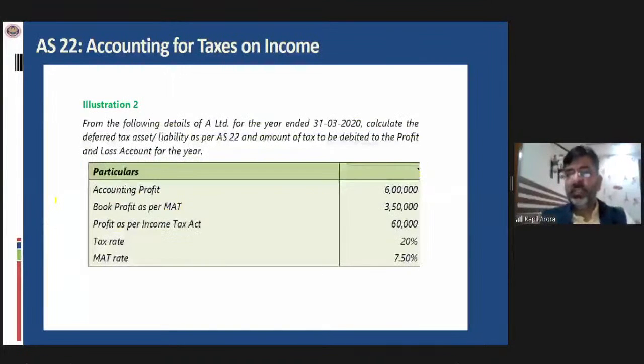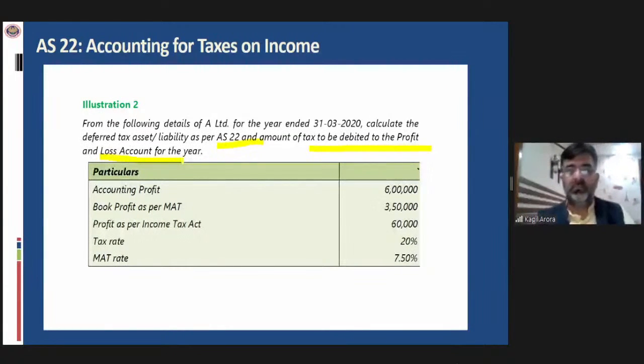So moving on to the next. From the following details of A Limited for the year ended 31st March 2020, calculate the deferred tax asset or liability as per AS 22 and the amount of tax to be debited to the profit and loss account for the year. When does deferred tax become an asset?